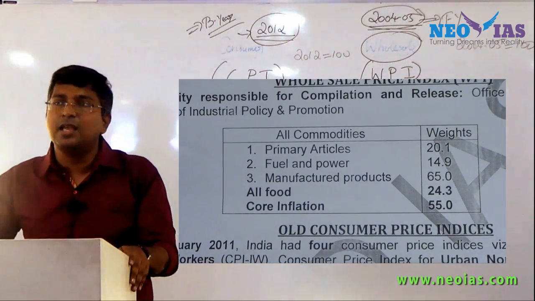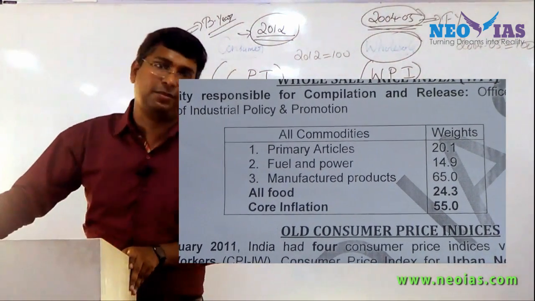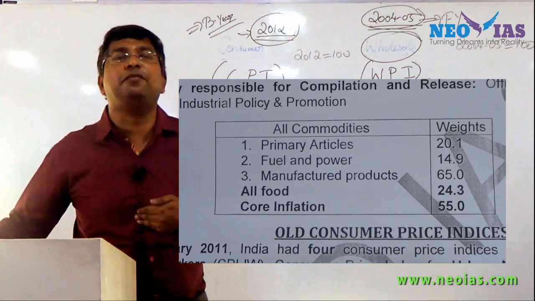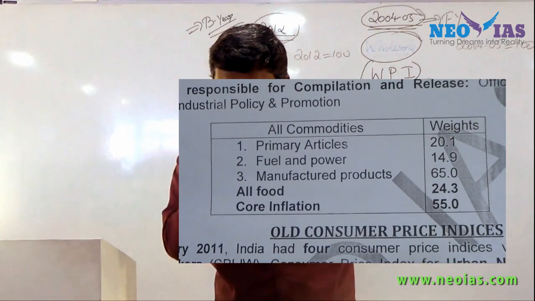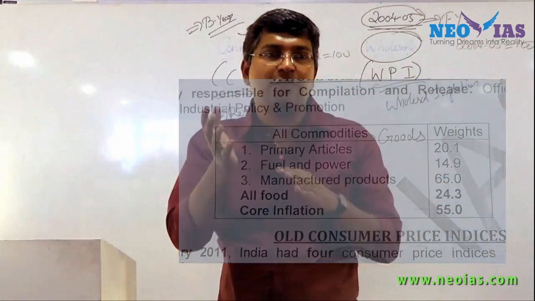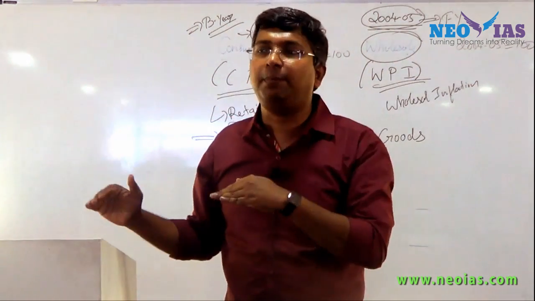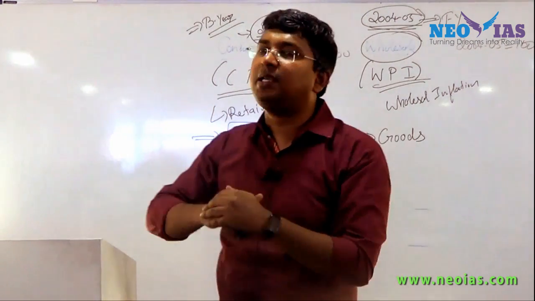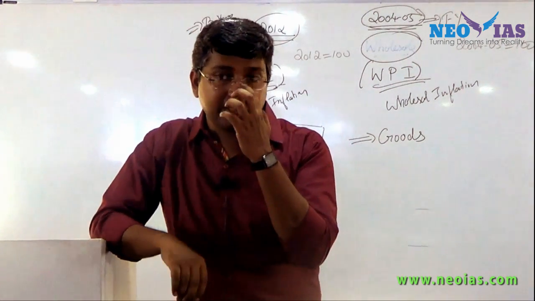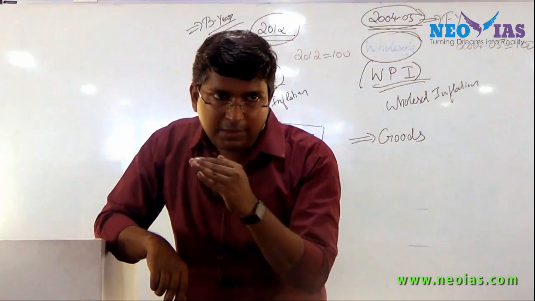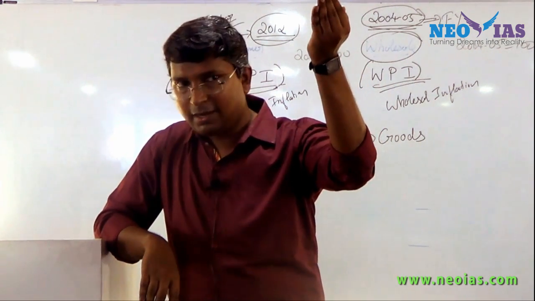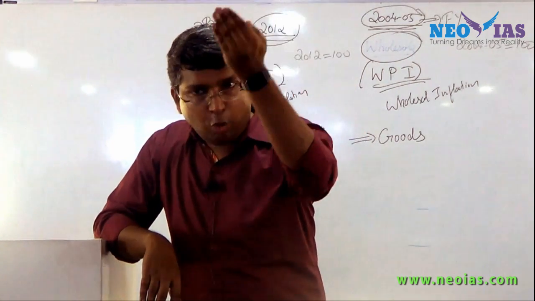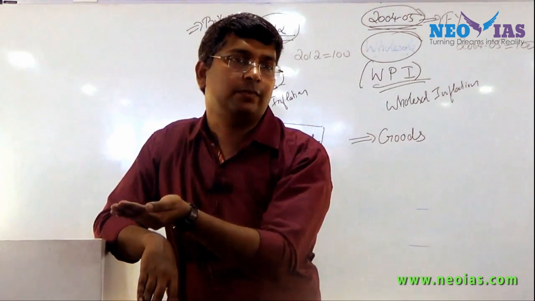Just have an idea. So we talk about food inflation. Food inflation means how the food items in the particular index have moved. So sometimes in the wholesale price index, food inflation may be high, but the overall wholesale price index will be low.